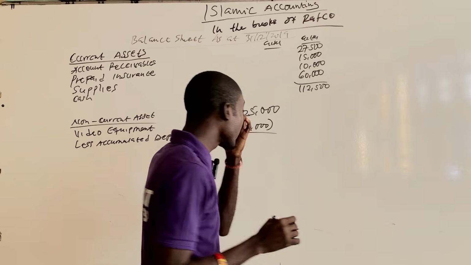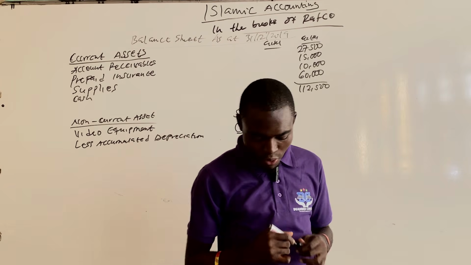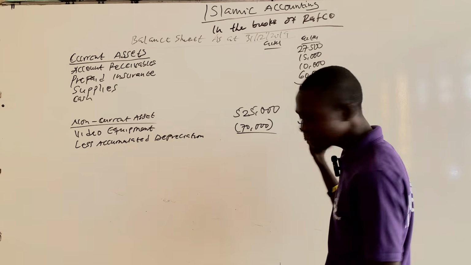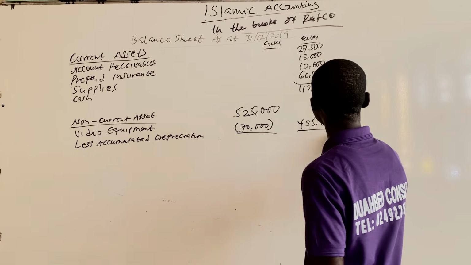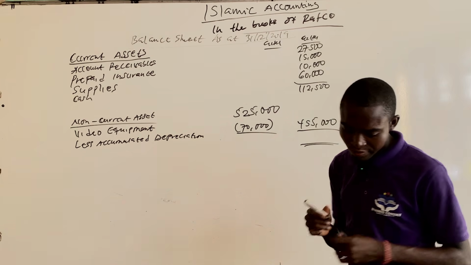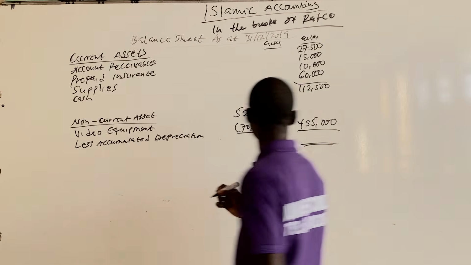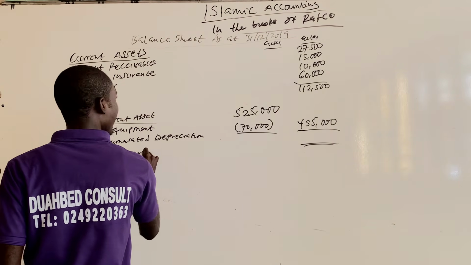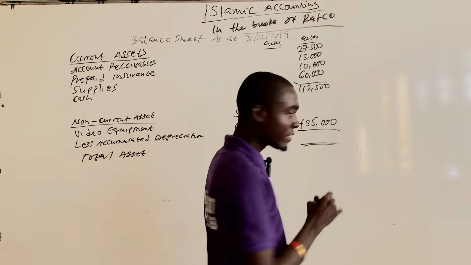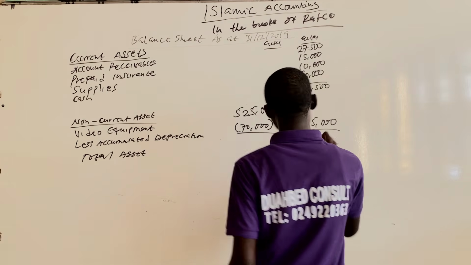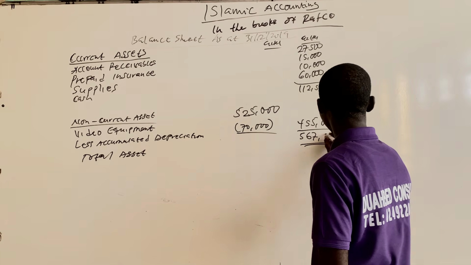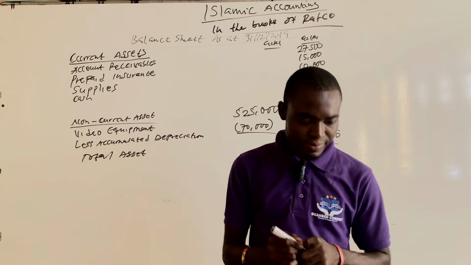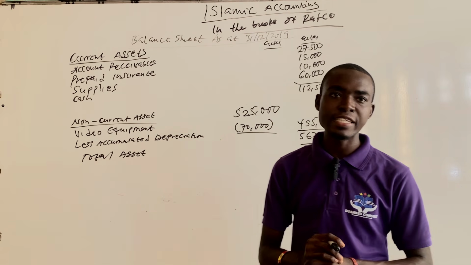So the difference will give you the net book value for the video equipment, which is 455,000. This gives you the total asset of 567,500.